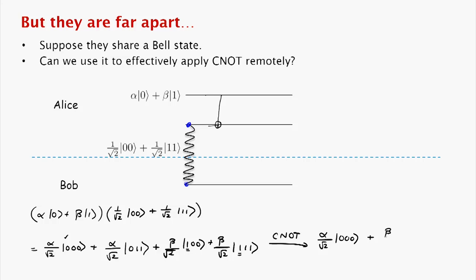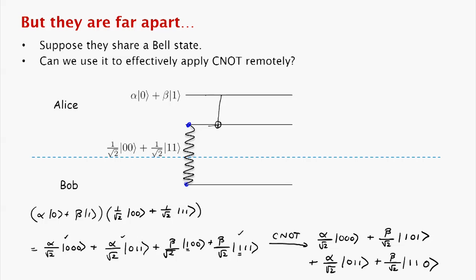So you'll get beta over square root 2 101, plus alpha over square root 2 011. And then we took care of these three. Out here we have control bit 1, target bit 0. So we'll get beta over square root 2 110.